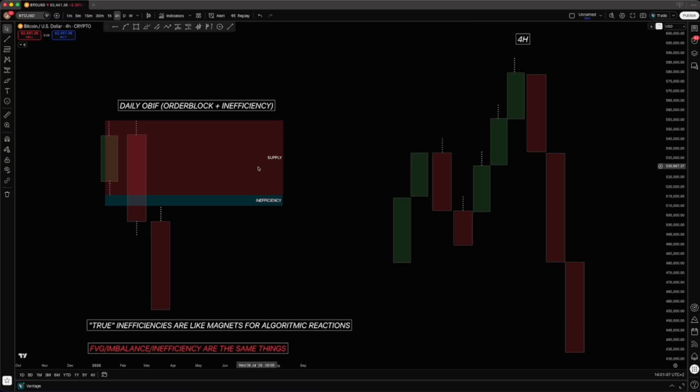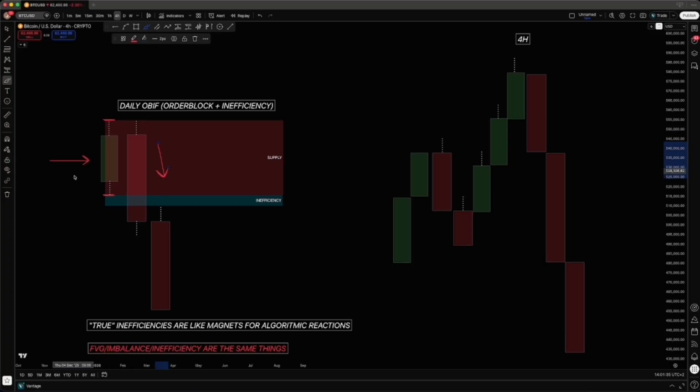So why do we call it supply and how do you draw it? You take the highest point of the bullish candle to the lowest point of the bullish candle. Why? Because this was the candle where the bulls had something to say and the sellers basically took over. So this was a high quality POI.